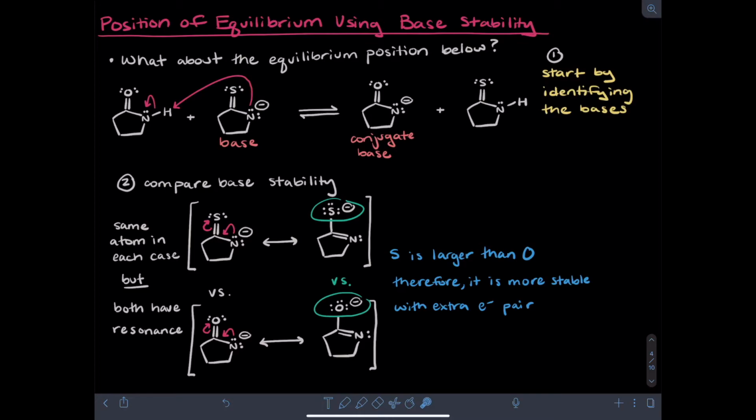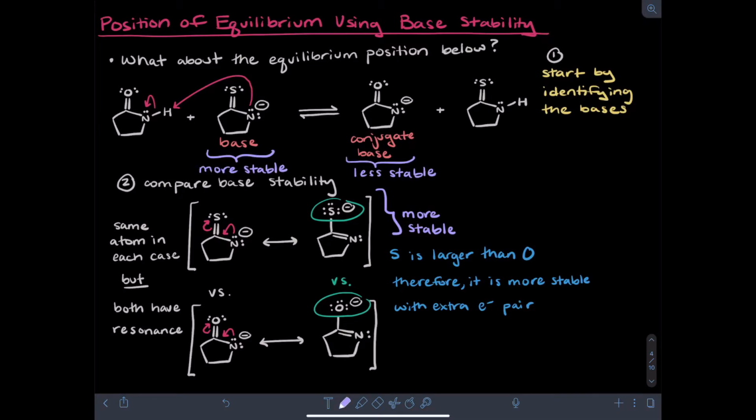And the larger the atom is, the more spread out the negative charge is, and the more stable that atom is with the extra electron pair that the base has, compared to the acidic form. This means that my molecule with the sulfur in it is more stable than my molecule with the oxygen in it.